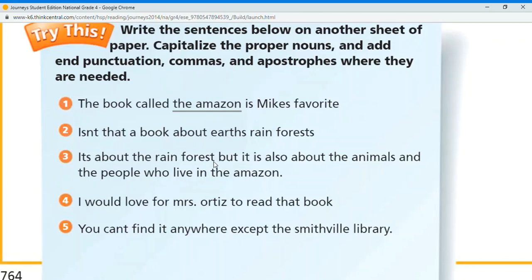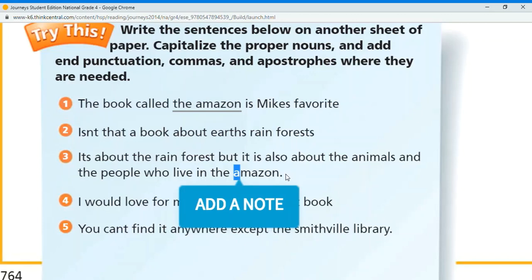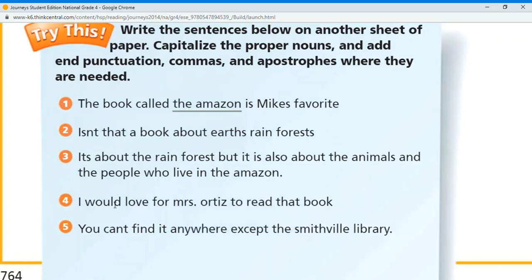Here is a compound sentence, so we must add a comma before the coordinating conjunction but. And also, guys, here live in the Amazon must be capitalized as well.